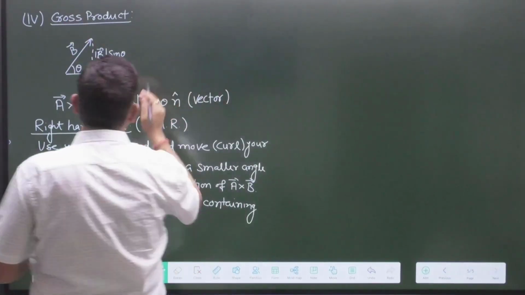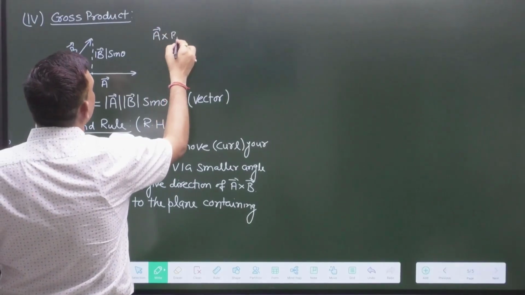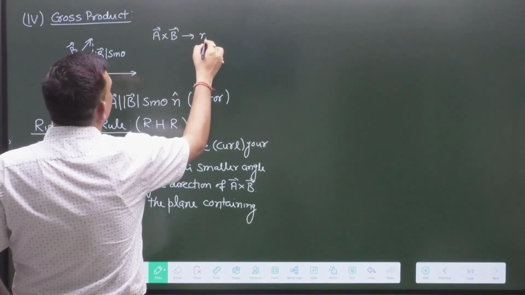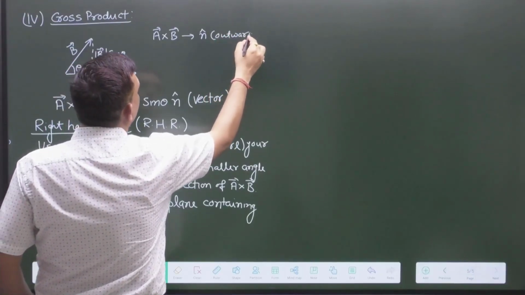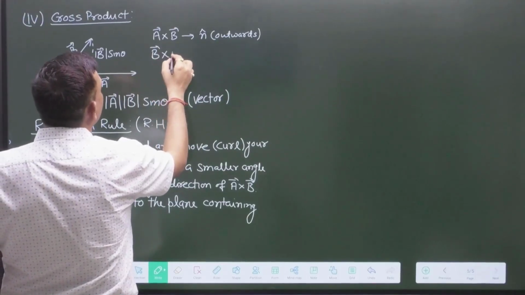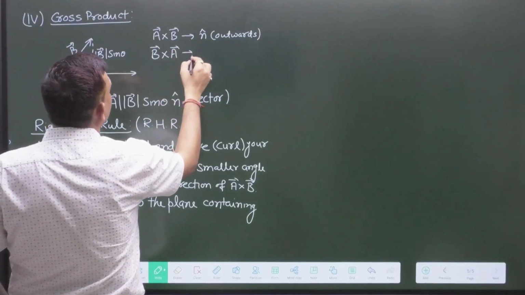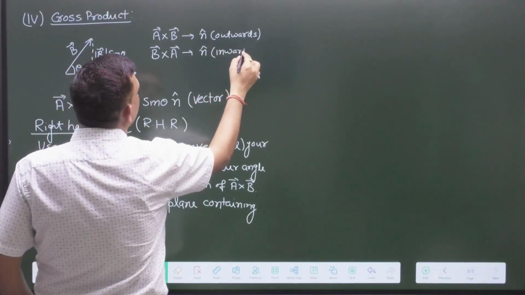So in this case, A cross B, this n cap is outward. If you have to see B cross A, then n cap is inwards.